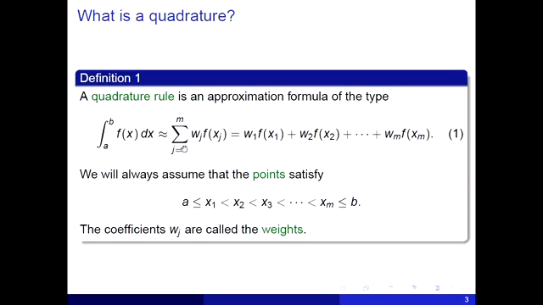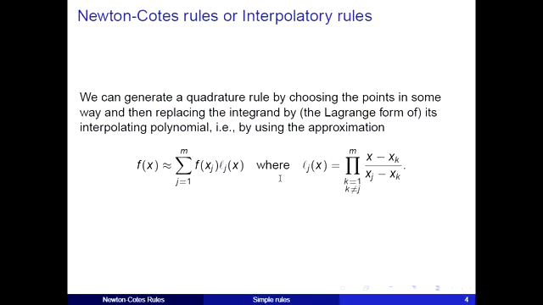to b. And I take a form like this, okay? So w1 up to wm are called the weights, okay? And x1, x2, up to xm are called the quadrature points, okay? And we discussed a class of Newton-Cotes rules, with only one interval.